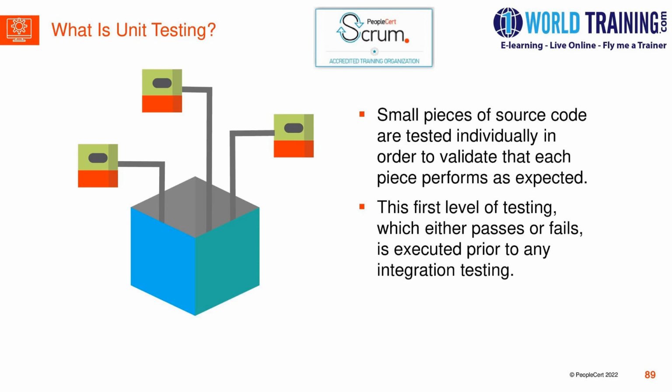We call unit testing the first level of testing, which either passes or fails. It is executed prior to integrated stage testing. Unit testing is the fundamental, elementary way of testing your code at the smallest level, and it is one of the important testing capabilities to be done.